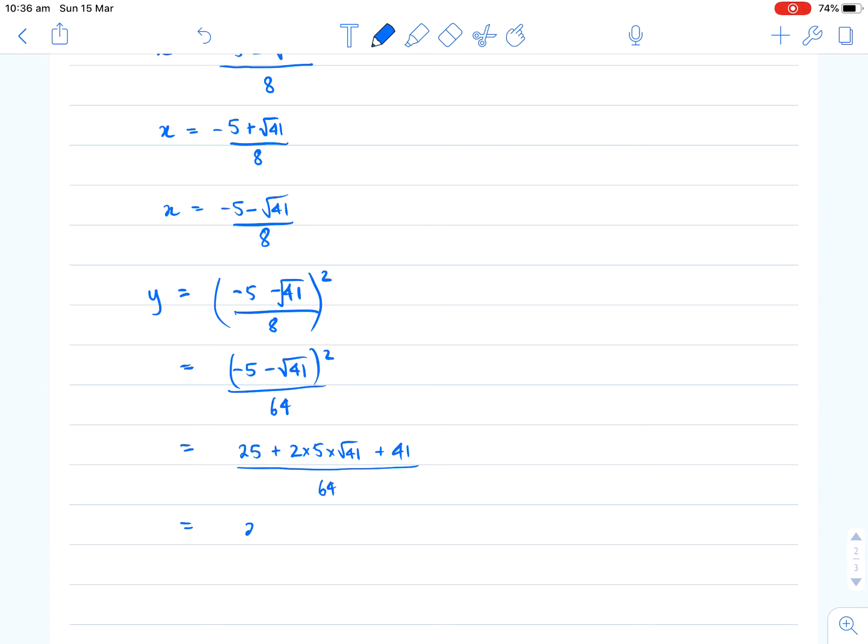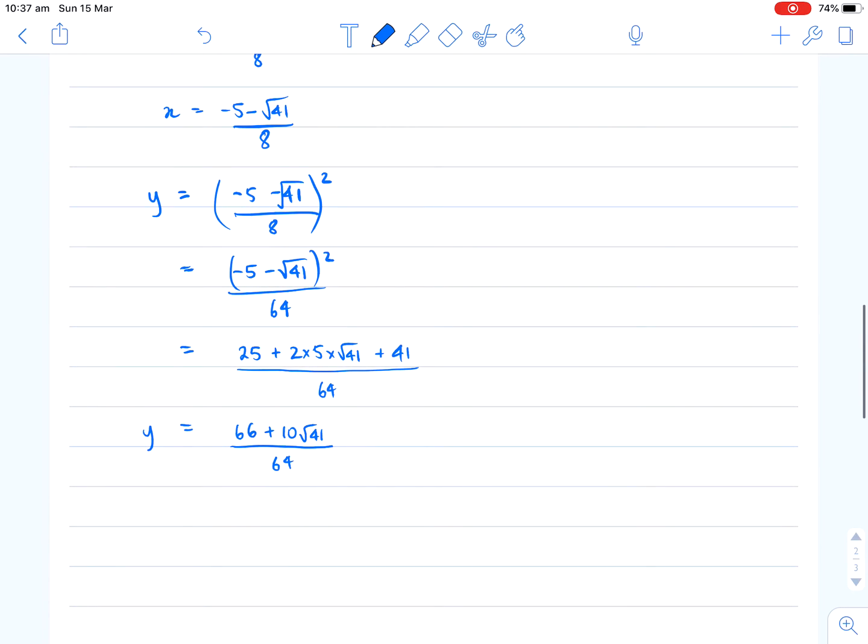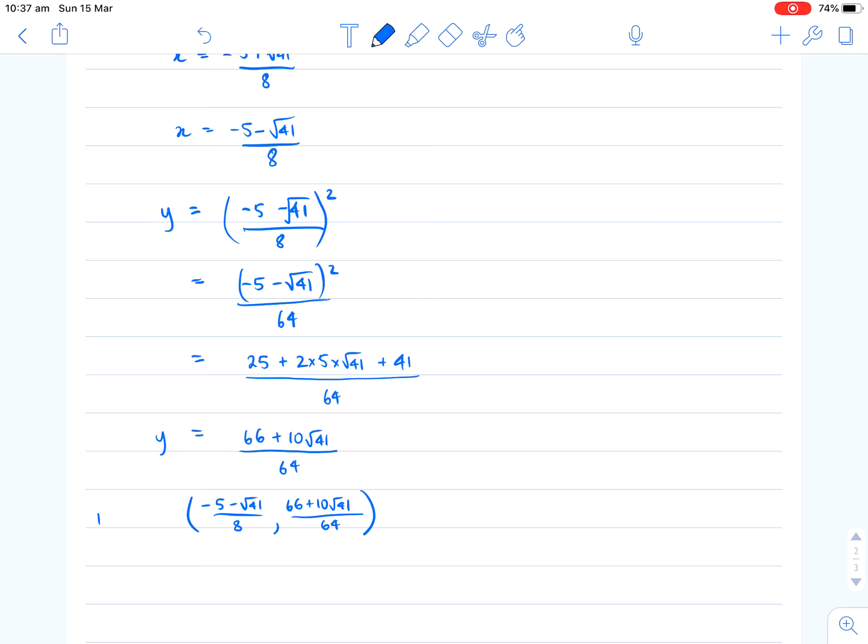That becomes 25 and 41 is 66, plus 10 root 41, divided by 64. So that's my first y value, and that was when x was (-5 - root 41)/8 and y was (66 + 10 root 41)/64. Hopefully I haven't messed up any numbers. So here's my first solution.